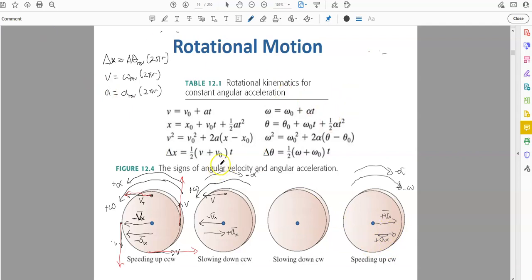Let's do the very last problem. It's slowing down while moving clockwise, so negative omega, positive velocity in the x direction.